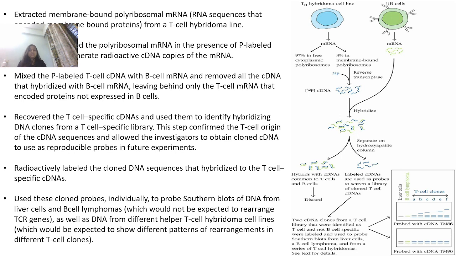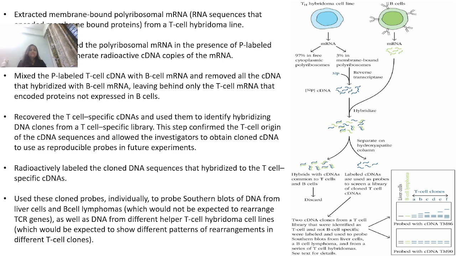They removed all the hybrids, because the ones hybridizing with the mRNA of the B cell means they were common. Those proteins or those membrane molecules were common to both T and B cells. So they discarded it. They wanted to find the mRNA which is unique to the T cell.